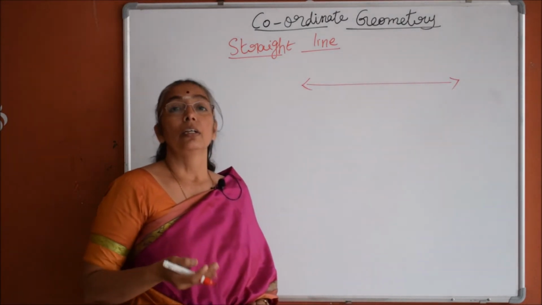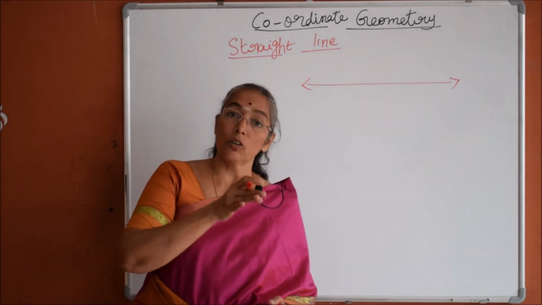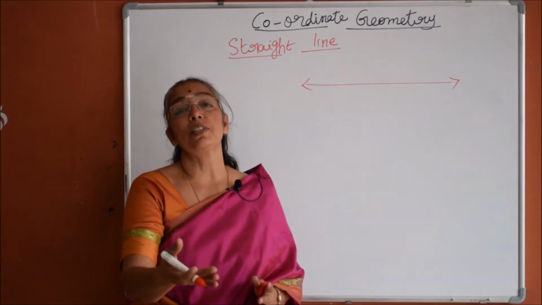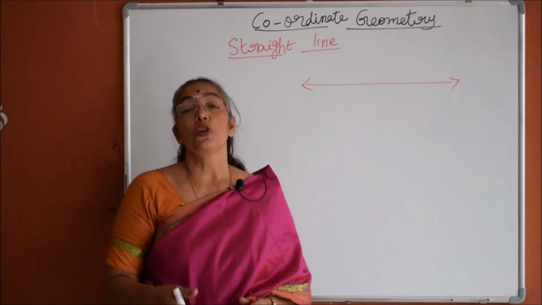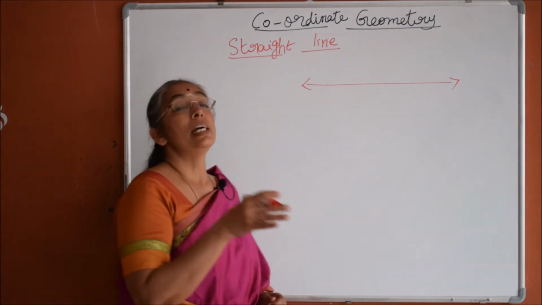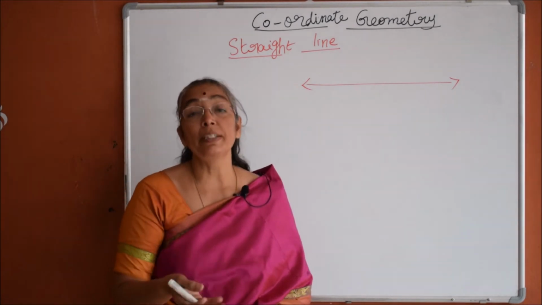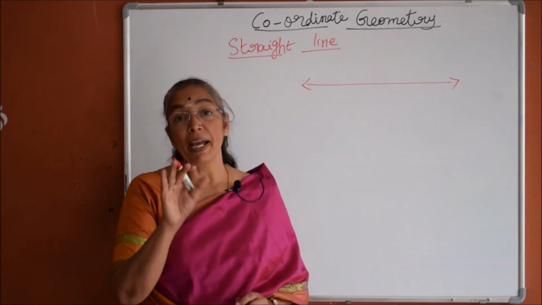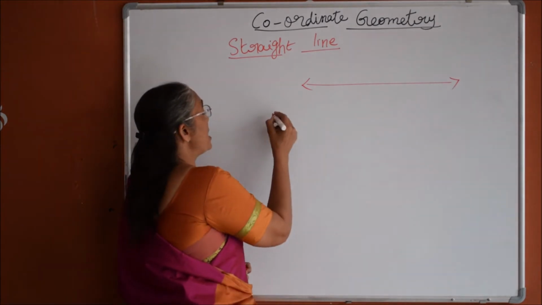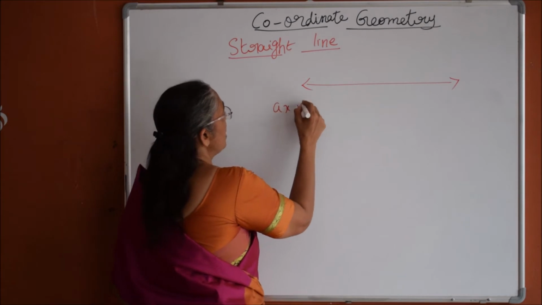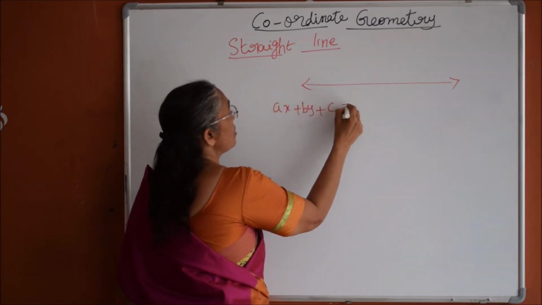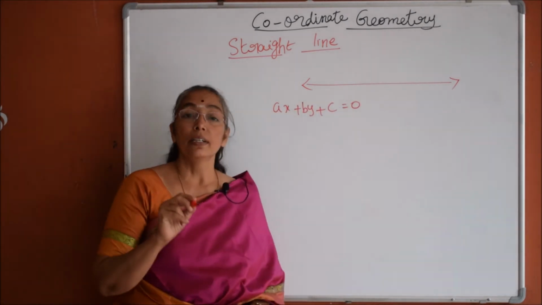It is the first basic definition. Then, coordinate geometry is the combination of algebra and geometry. So in that way, we say a linear equation in two variables represents a straight line. That is the basic thing we learnt. So a linear equation in two variables, ax plus by plus c equal to 0, always represents a straight line.